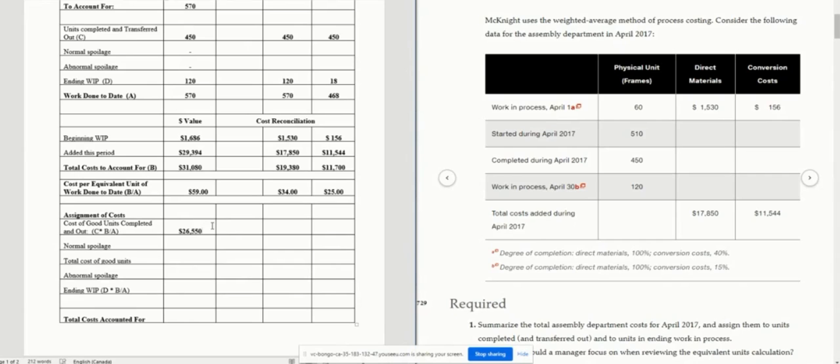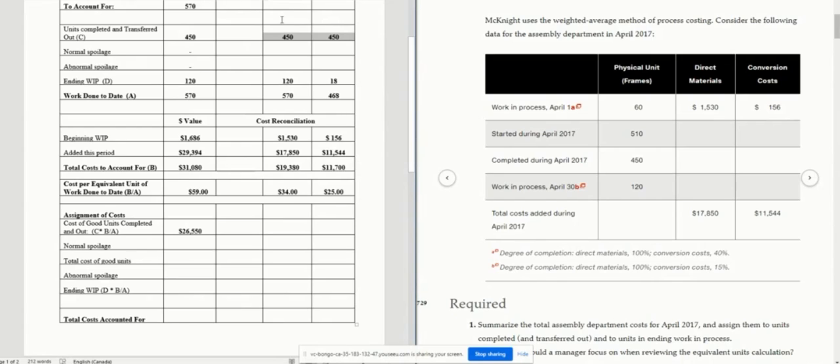Now, you might ask, how come I couldn't divide this number by 570 to get this, but I can multiply 450 times this to get this? Well, that's because I got 450 here and 450 here. And so I took a bit of a shortcut because I've got 450 all the way across.